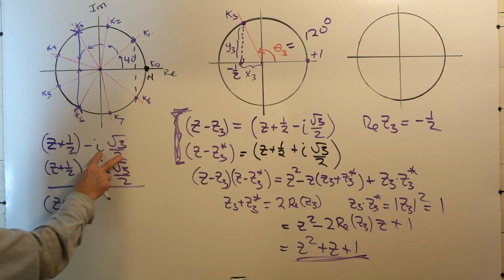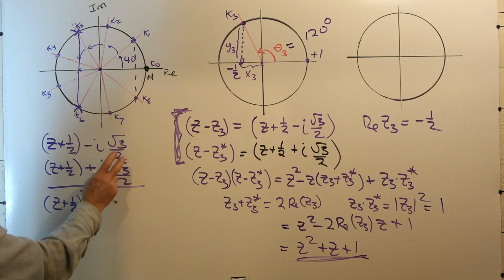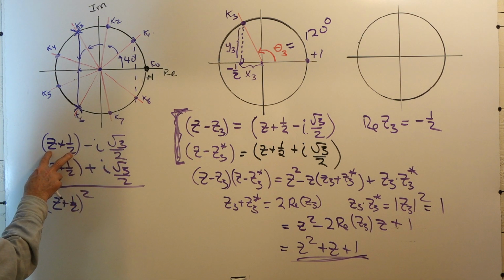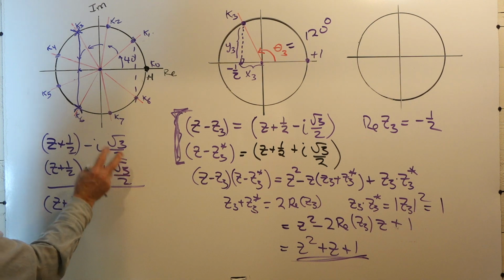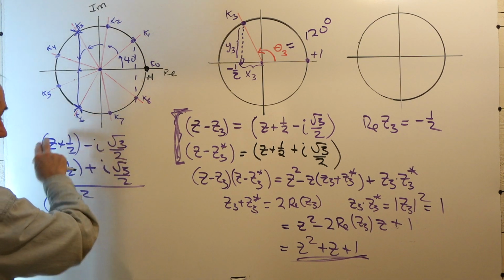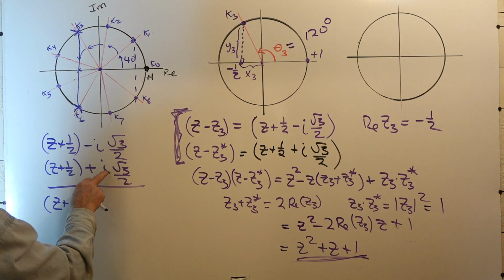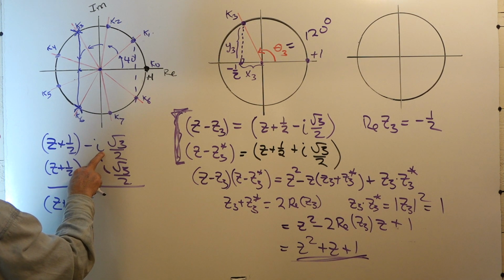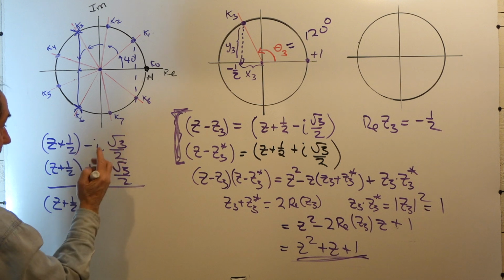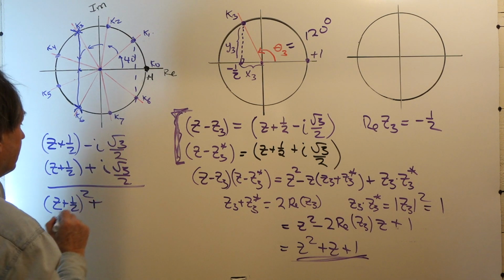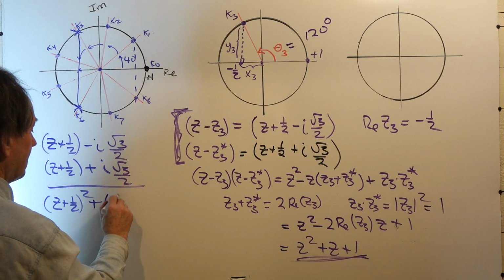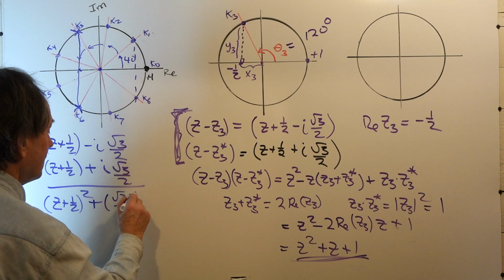We have z plus 1/2 times this, minus i square root of 3 over 2, and then z plus 1/2 plus. So these cross products cancel or drop out, and then we have i times i, which is a minus 1 times a minus 1, or plus 1. So we have plus, and then square root of 3 over 2 squared.